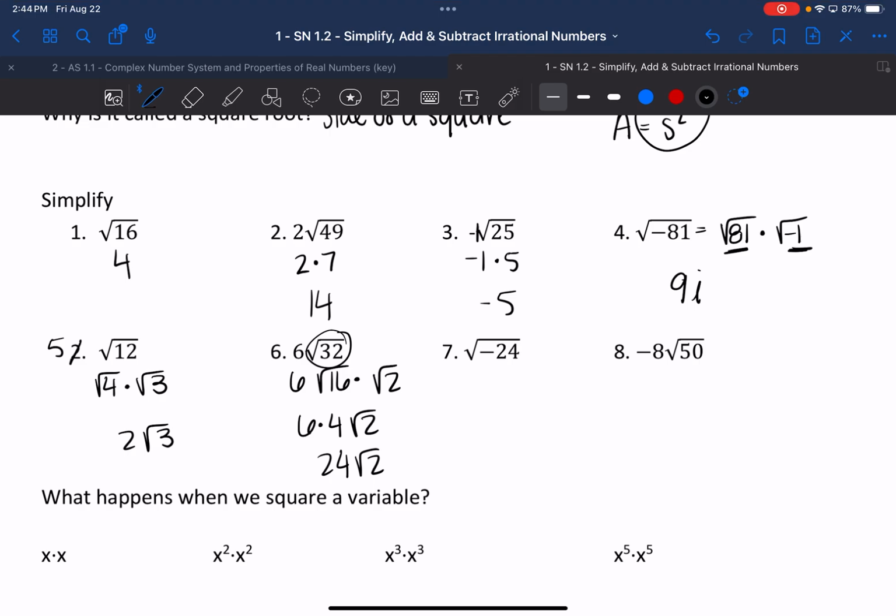Number 7. How could I maybe rewrite number 7? Well, first of all, we can't leave the negative with the 24, right? We need to do something like we did here.